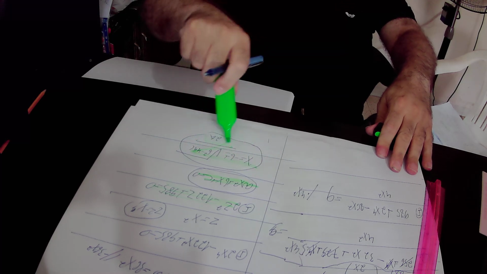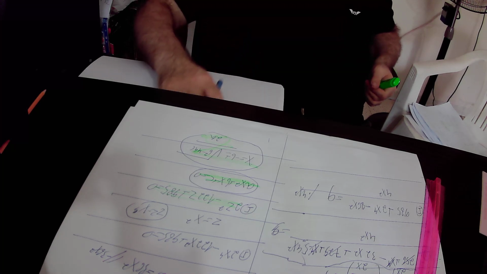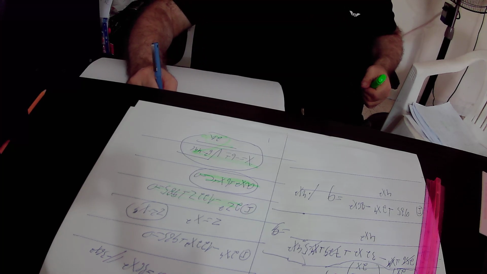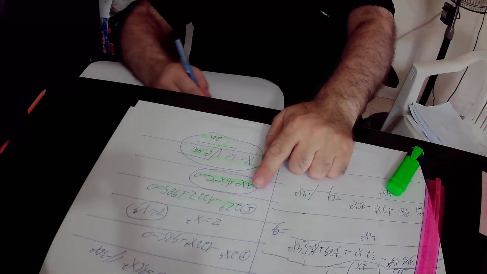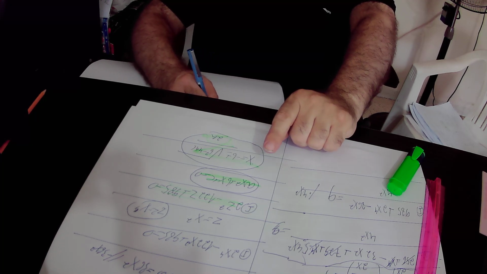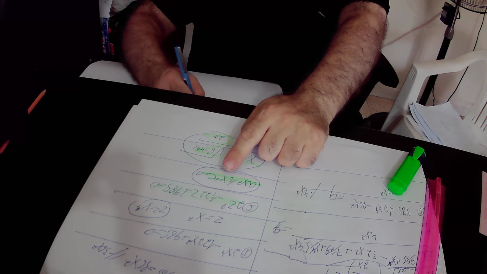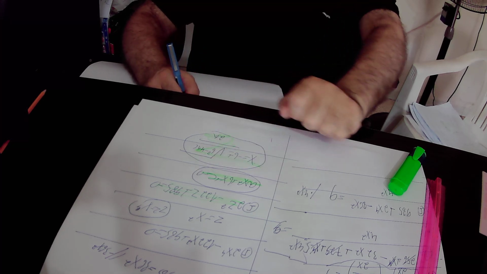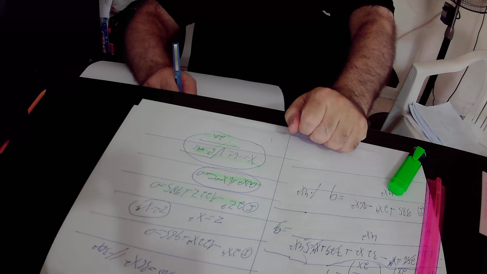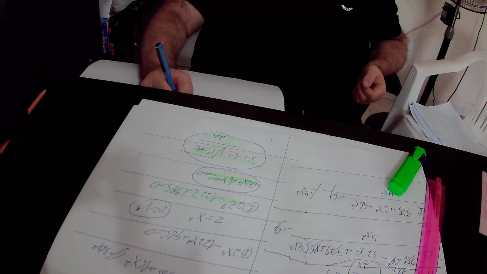In our specific quadratic equation, the coefficient a equals 2, the coefficient b equals minus 122, and finally the coefficient c equals 985, and the variable that we are looking for is z.